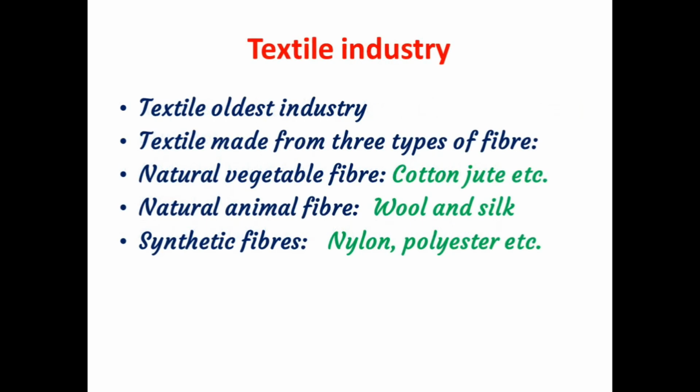Next, the textile industry. In our country, this industry is one of the oldest industries, and not only in our country, in the world also. The textile industry is the oldest industry in the world.